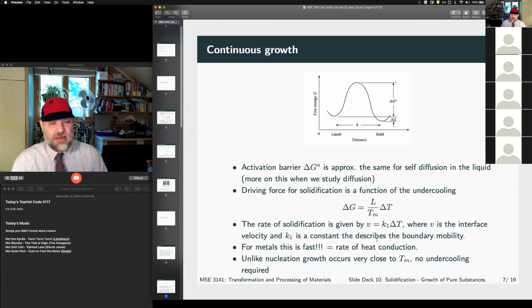K1 is going to scale with the diffusion coefficient for the liquid, which is quite high. And so essentially we can say that the velocity of the interface in a metal is going to be approximately equal to the rate of heat conduction in the metal, right? Which in your transport class, you guys know or will know that this is very quick, right? Metals are excellent conductors of heat.